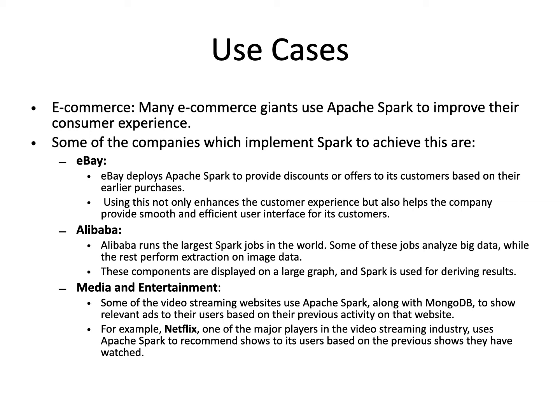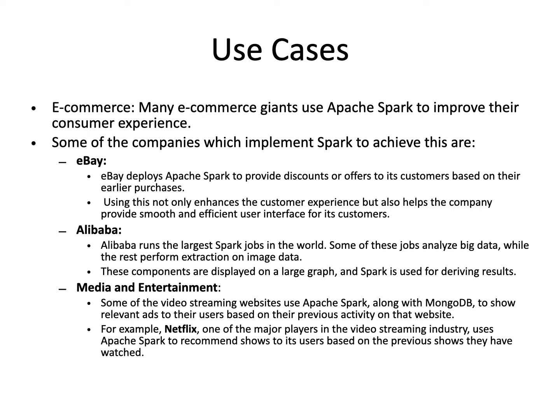And another use case is in media and entertainment. Some of the video streaming websites also use Apache Spark along with MongoDB, and it shows relevant ads to their users, based on their previous activity on that website.